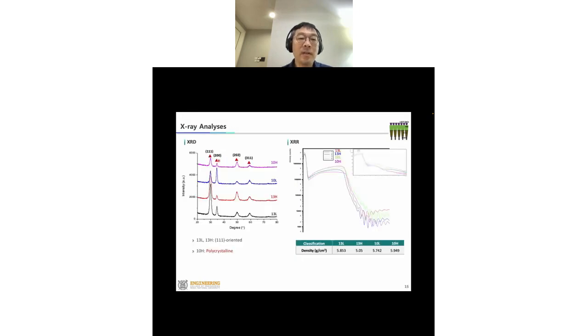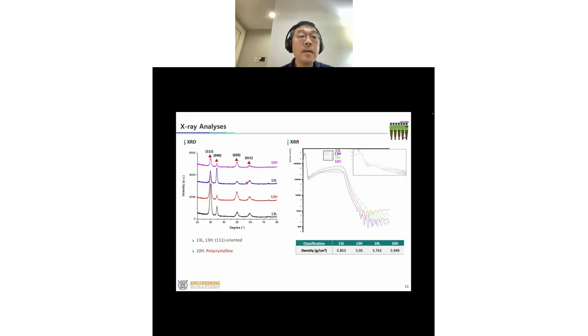And then crystallinity is also very important. This is the XRD analysis of all these four different films, and this is a measurement of the density, which also confirms our observation from the SEM image. For example, the visibly dense layer clearly has high density from the XRR observation.